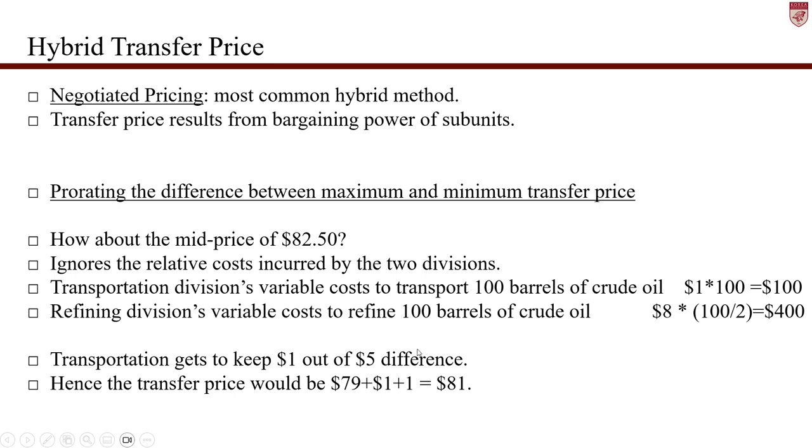Therefore, the transfer price can be $80 plus 1, $81. Okay? This is one of the reasonable ways to take into consideration the relative variable cost incurred by the two divisions when we are setting up a transfer price.